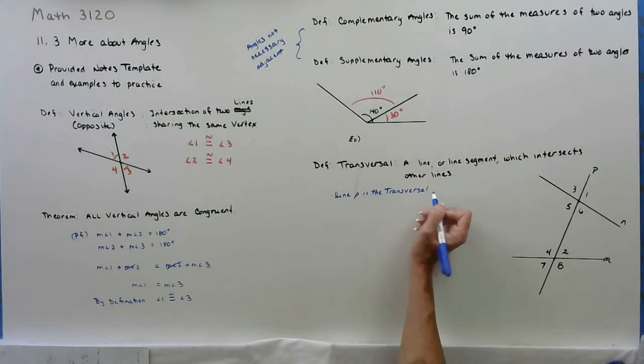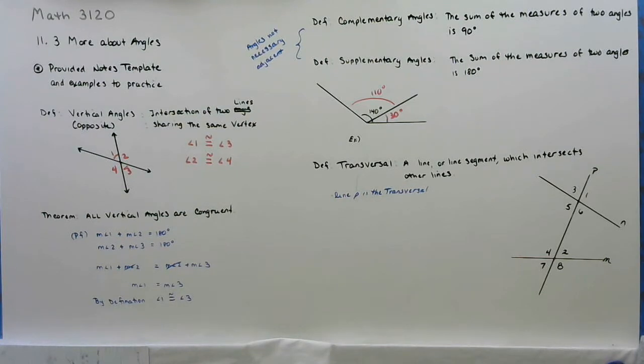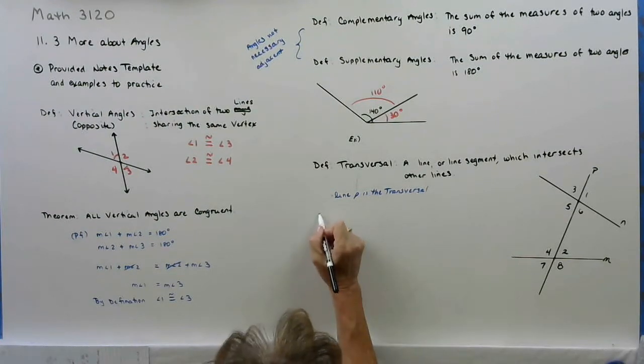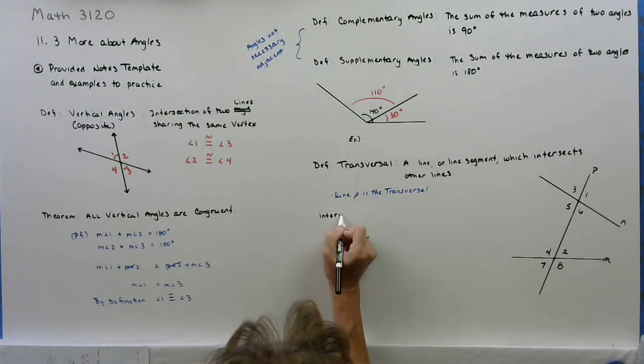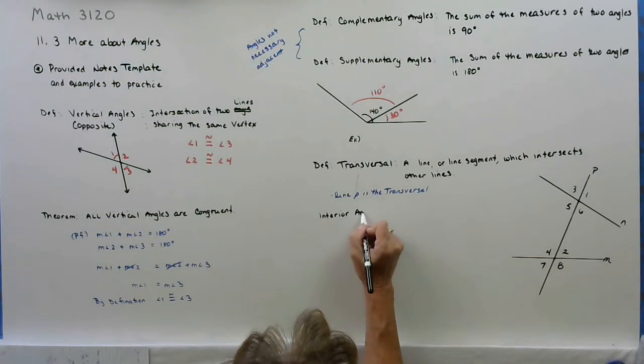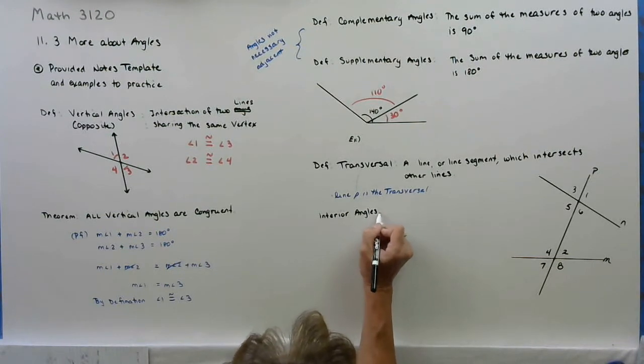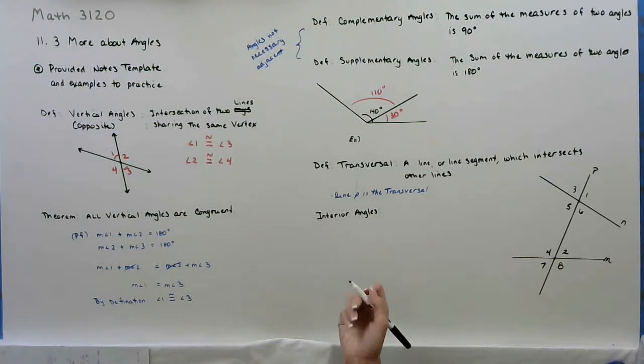And let's take a look at some vocabulary just to describe, we have a bunch of things. We have alternate interior angles, alternate exterior, same side interior. So let's first look at interior angles.